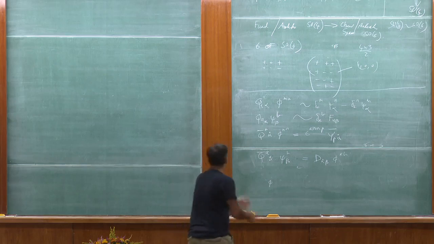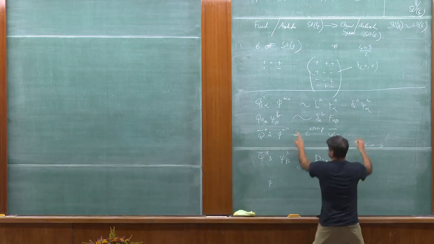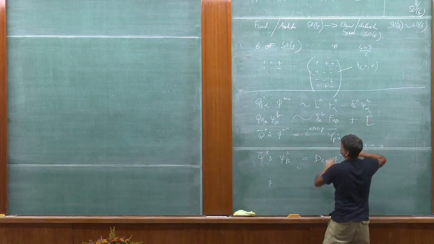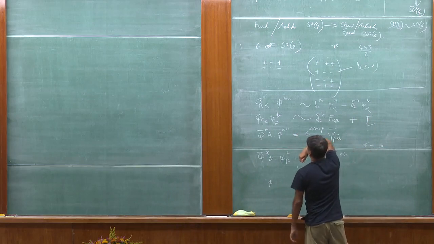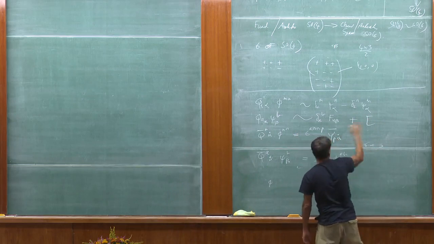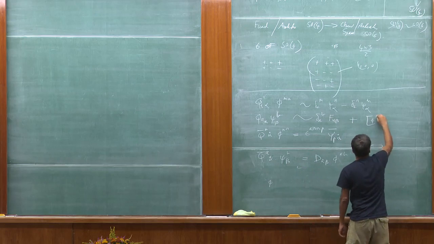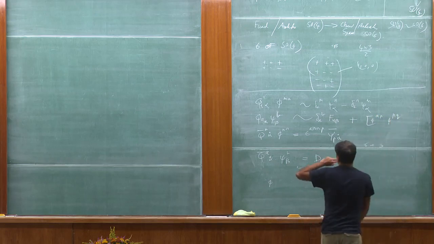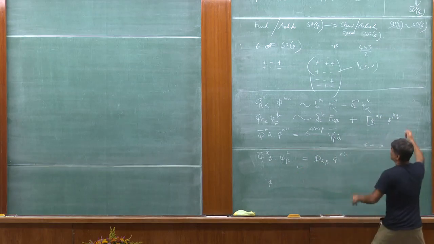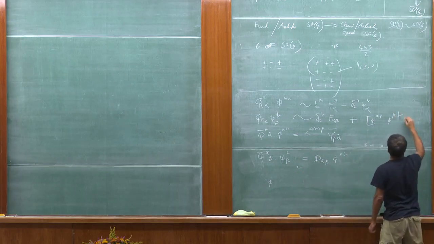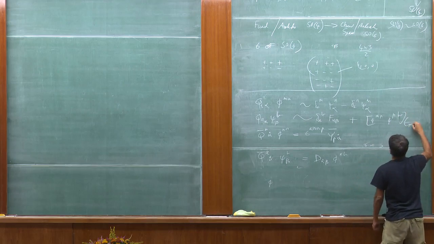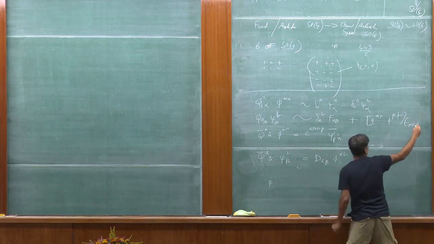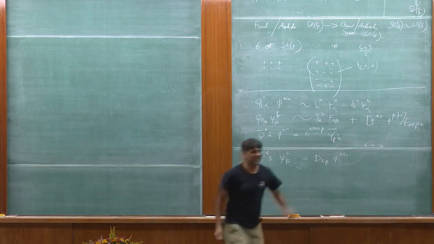This guy can in addition have, let's write this phi mn phi pq with an epsilon. So this guy becomes a b and this guy becomes epsilon mn p and a. This can also appear.